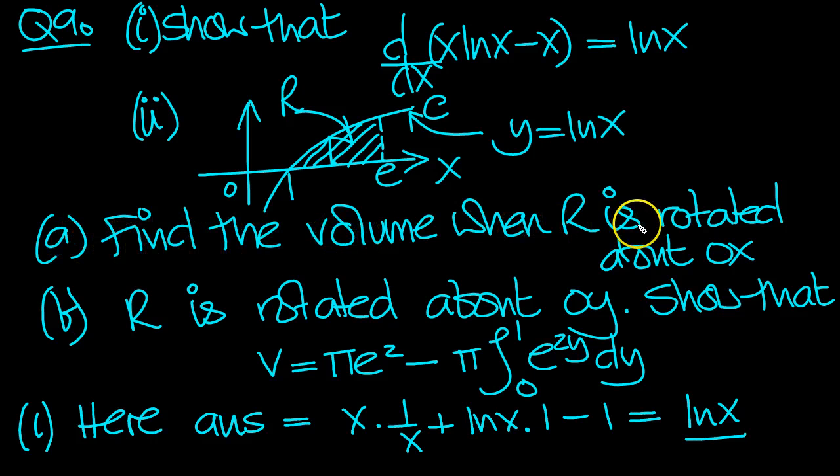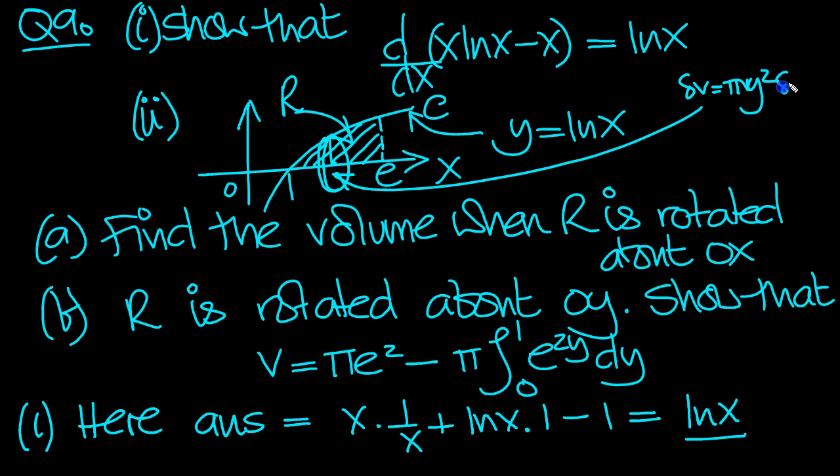Find the volume when R is rotated about OX. So we're going to take cylindrical slices, circles so to speak. This cylinder has a thickness delta x, and it has volume of pi r squared, doesn't it? So that's pi y squared delta x.